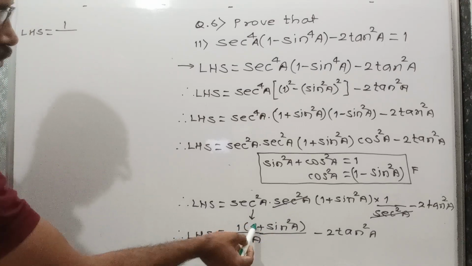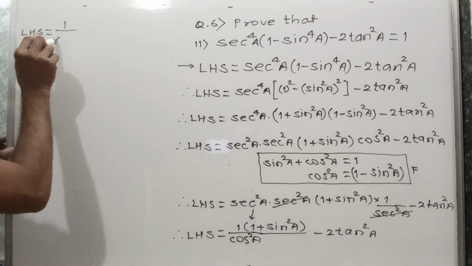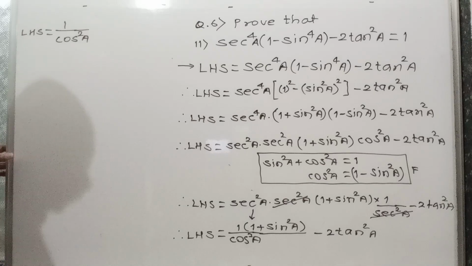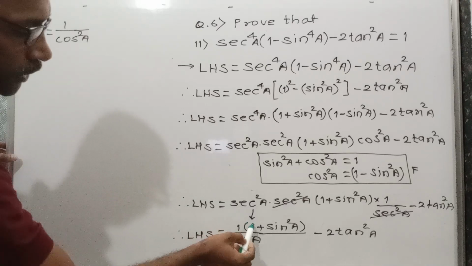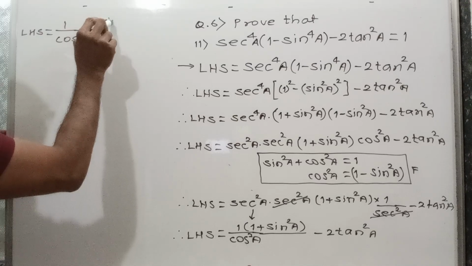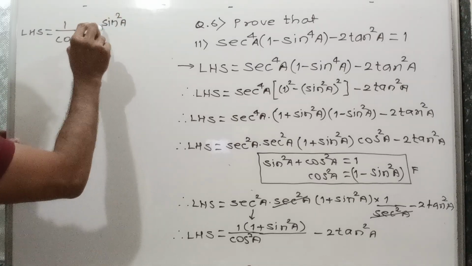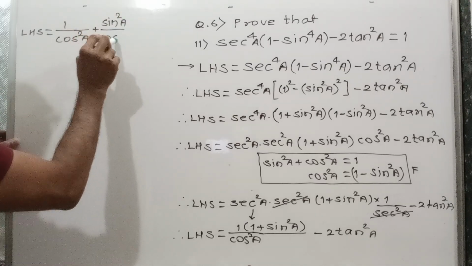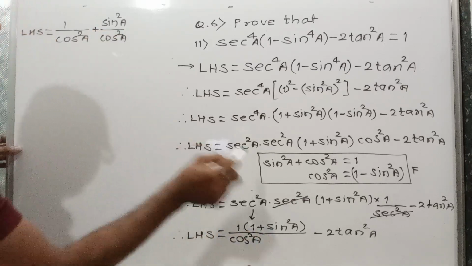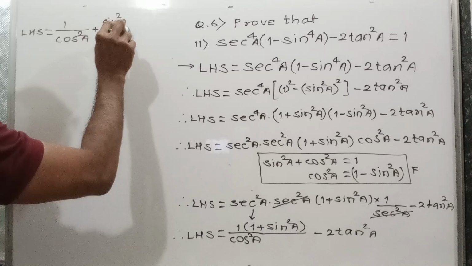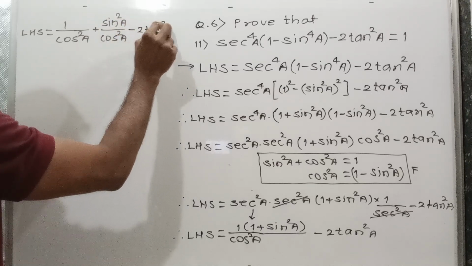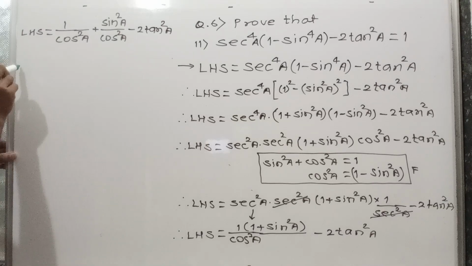So 1 upon cos² a plus sin² a upon cos² a. We give this denominator separately. Then the original minus 2 tan² a.